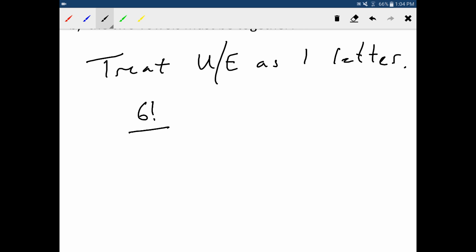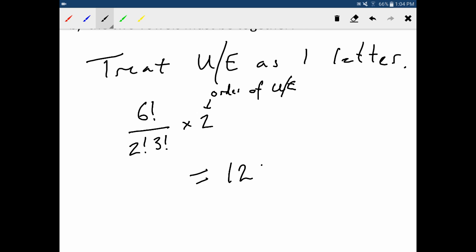So we'll have 6 factorial. We still have to divide by 2 factorial because of the C's. We still have to divide by 3 factorial because of the S's. Now the only other thing we have to remember to do is we have to multiply by 2, and this is because of the order of the U and E. Okay, because we don't know whether the E comes first or the U comes first. Okay, so when we calculate that, it just works out to be 120 different arrangements.